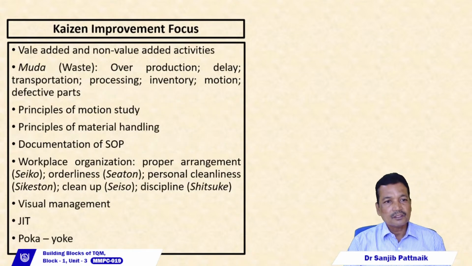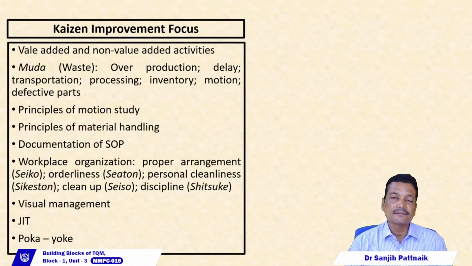Some of the focus areas coming from Japanese words in Kaizen are waste, that is Muda. Then principles of motion study, that means what movements the worker is making in order to produce the item. Material handling process, that means the movement of materials inside the organization. The wastage should be as minimum as possible.